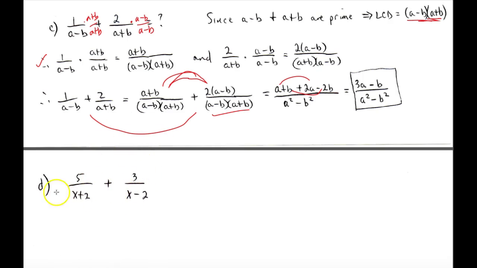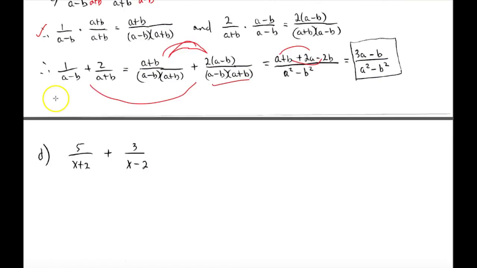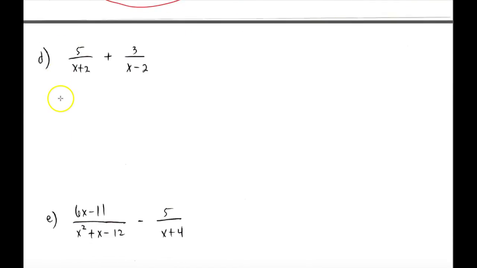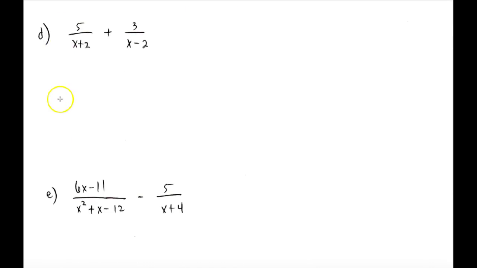All right. Similarly, for example D here, we know that x plus 2 and x minus 2 are prime, so we need to multiply the first rational expression by x minus 2, and multiply the second by x plus 2 over x plus 2.